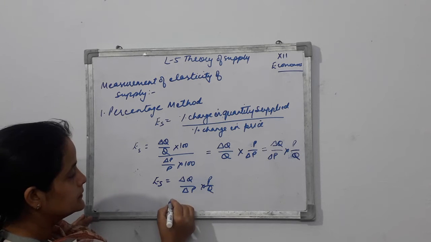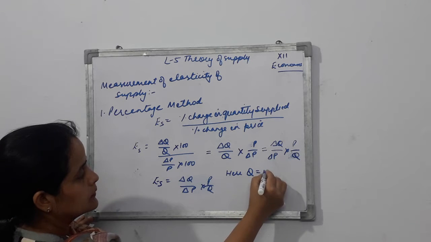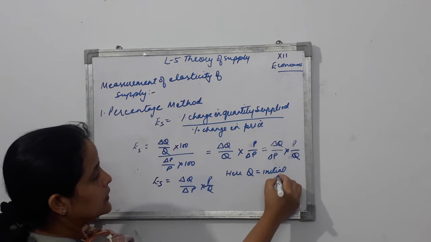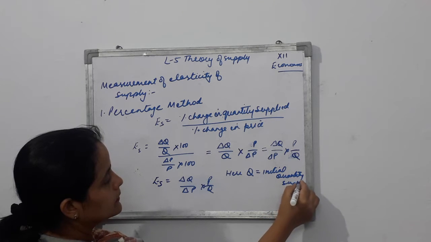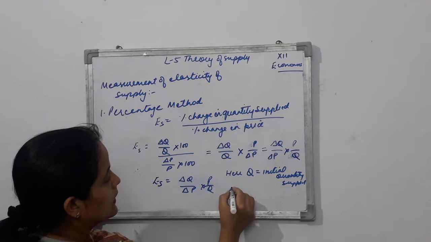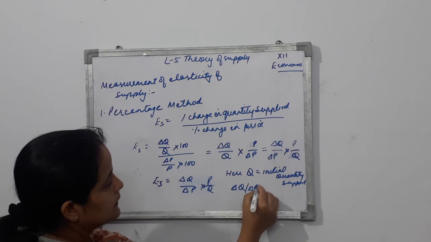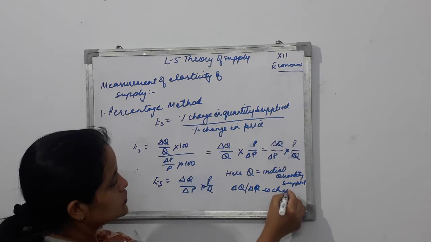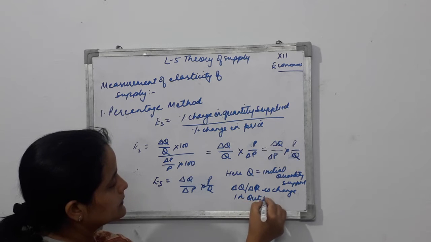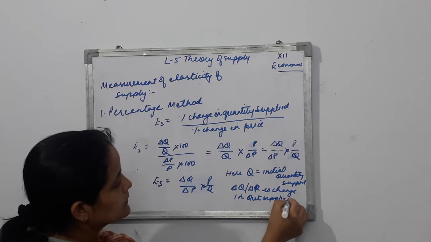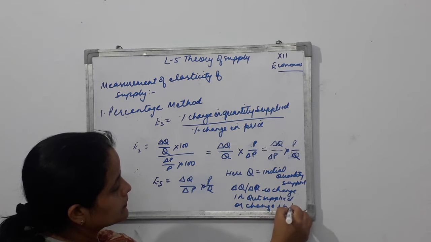Here Q is the initial quantity supplied, delta Q is the change in quantity supplied, and delta P is the change in price.